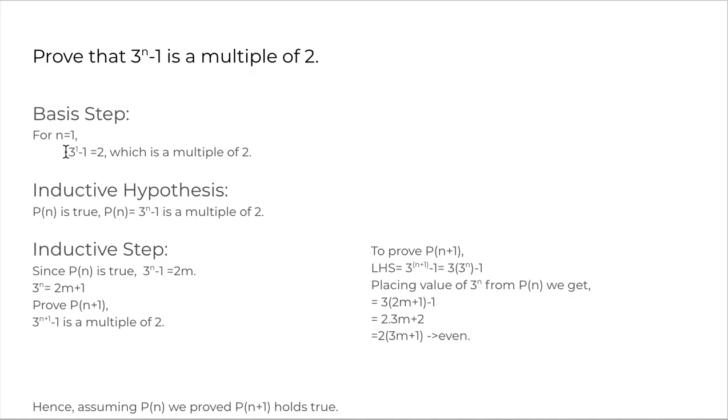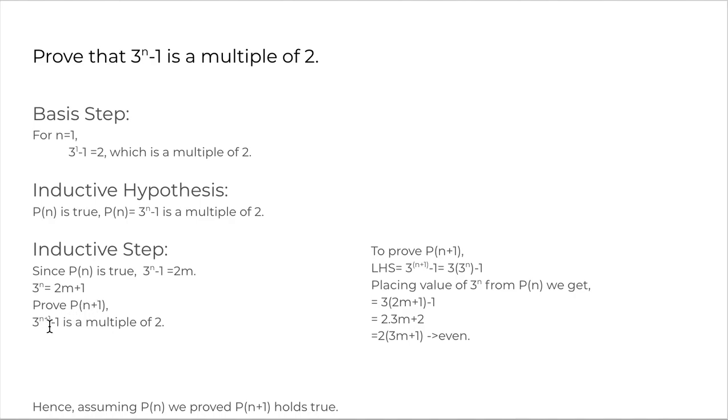The inductive hypothesis is P of n is true, that is 3 raised to n minus 1 is a multiple of 2. And when I say a number is a multiple of 2, I can write it as 3 raised to n minus 1 is 2 times m for some integer m. So 3 raised to n is 2m plus 1, and then you prove for P of n plus 1, that is 3 raised to n plus 1 minus 1 is a multiple of 2.